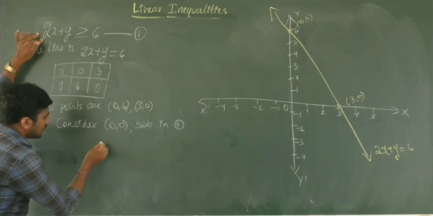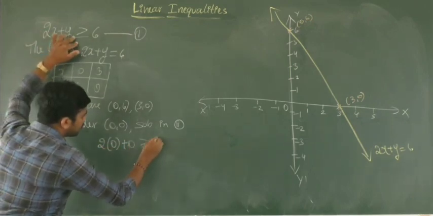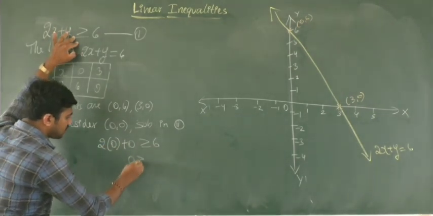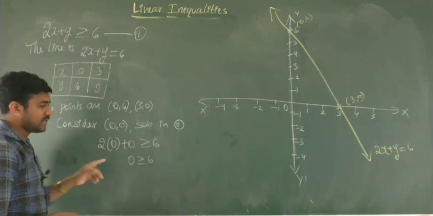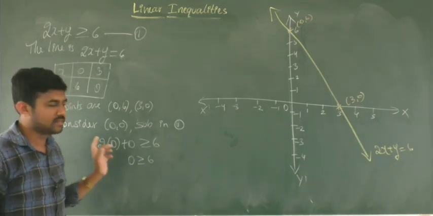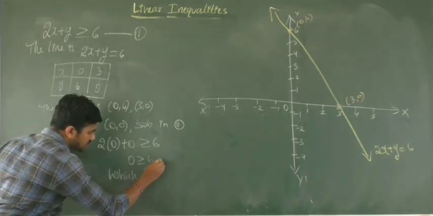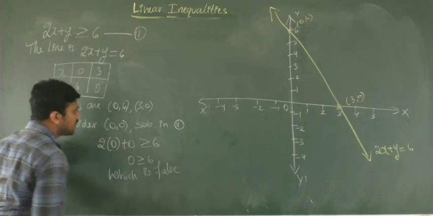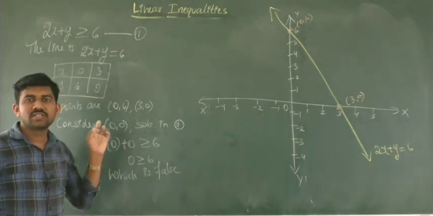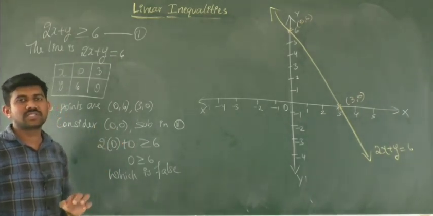Then what will we get here? 2 into 0 plus 0 greater than or equal to 6. 2 into 0 is 0, 0 plus 0 is 0, greater than or equal to 6. Clearly 0 is not greater than 6, which is false. So what we can say, the point we considered does not lie in the solution region. Means here origin does not lie in the solution region.